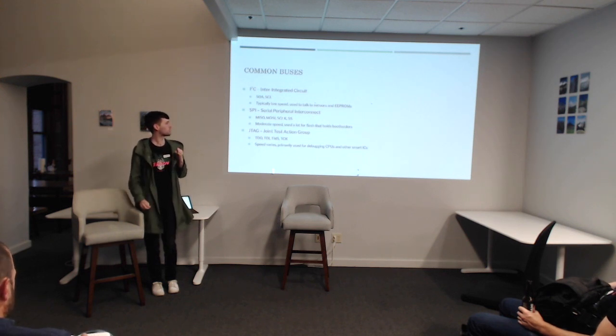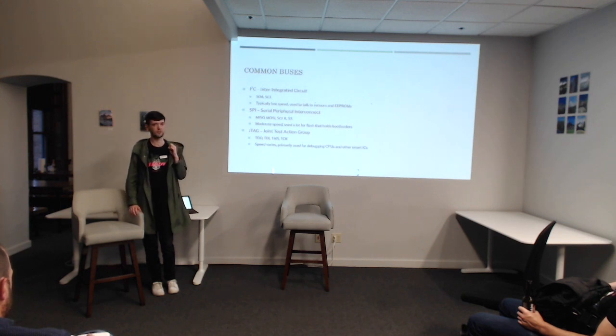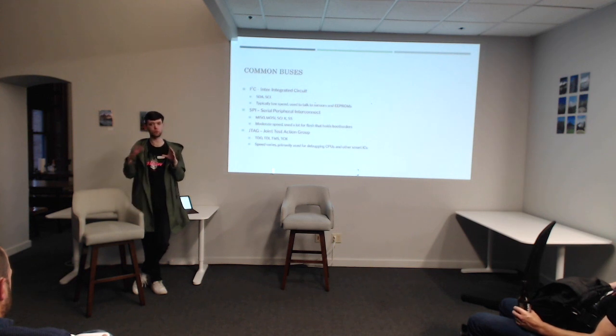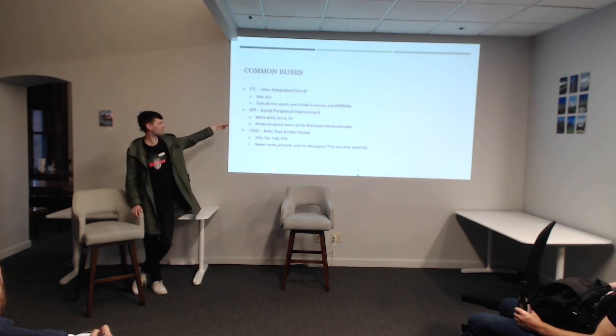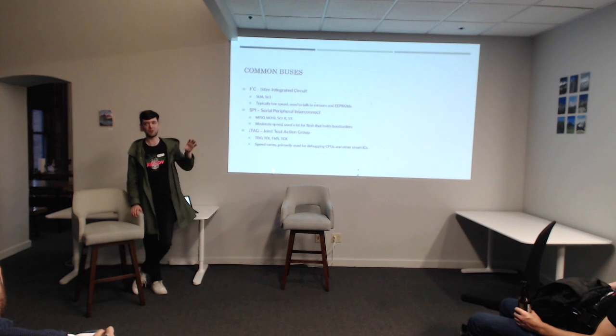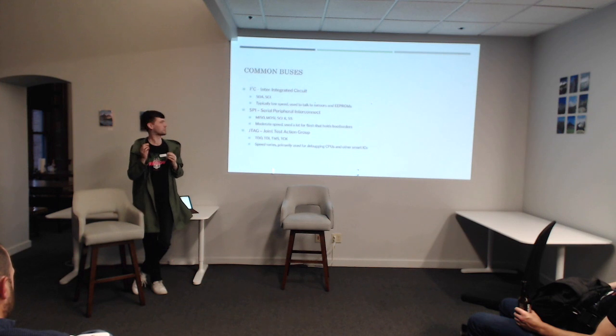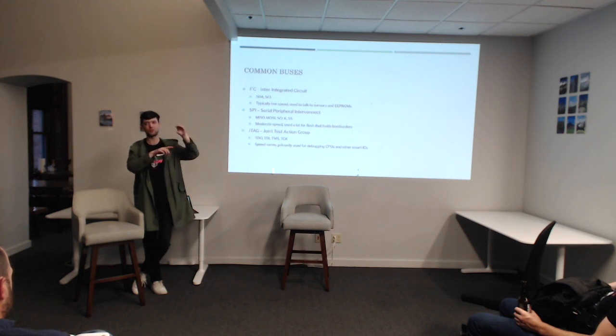SPI, serial peripheral interface, is a moderate speed bus that holds flash with bootloaders, where the bootloader is the first thing that runs when you start up the device. It's a little bit more complicated than I2C, so it has MISO and MOSI, that's master in, slave out, and master out, slave in. The thing that's different about I2C and SPI is that with SPI you can have multiple slaves underneath the master.